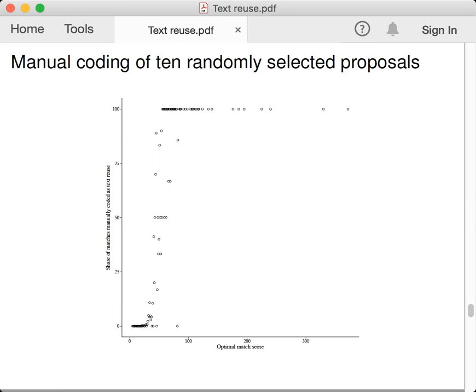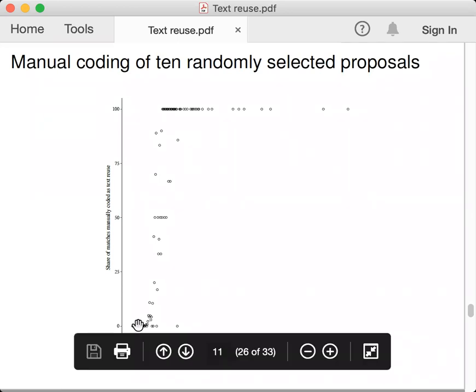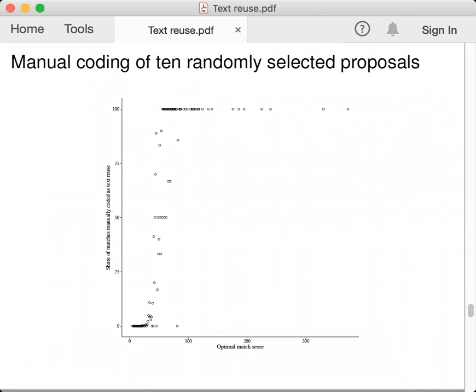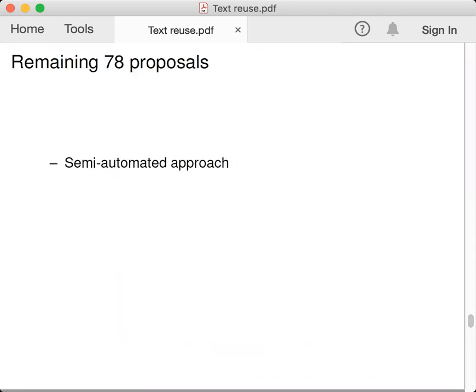What I find is that below a score of about 30, there are basically no substantive arguments captured. If you score more than 30, sometimes it's not substantive, but other times it is. So that's what I used to semi-automate this approach.